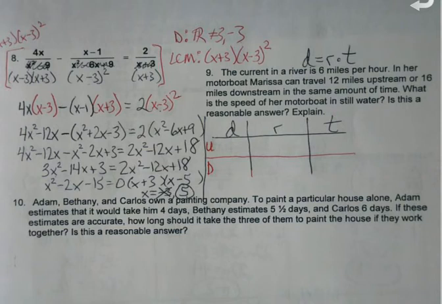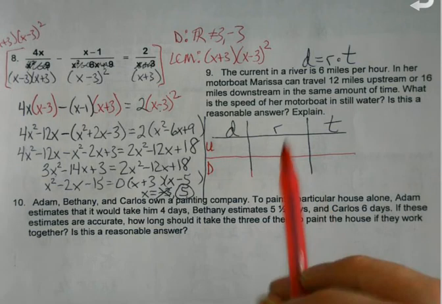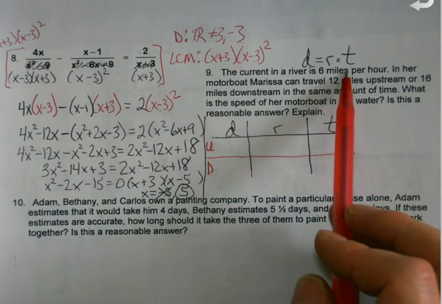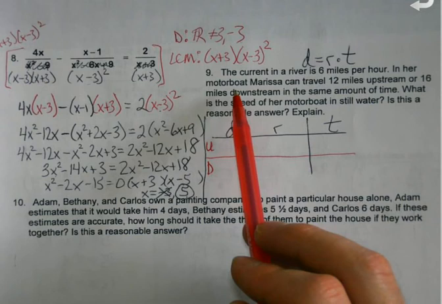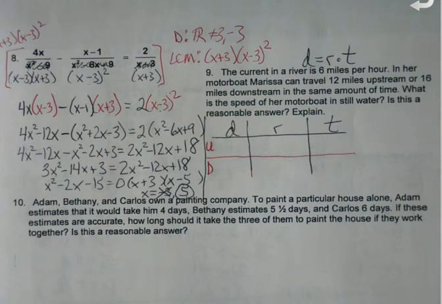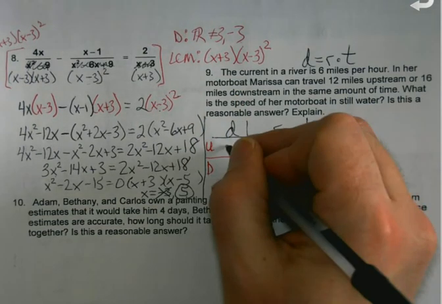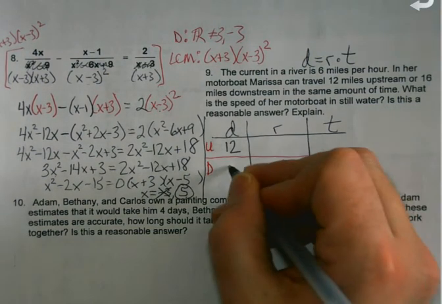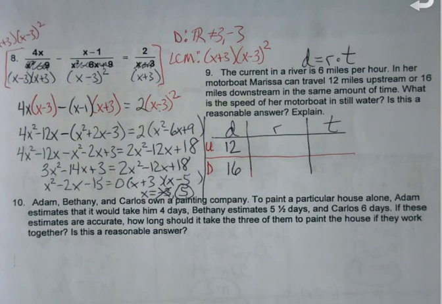So now I start digging through and I'm saying, okay, where can I plug the information in? The current in a river is 6 miles per hour. We're going to come back and use that in a minute. In her motorboat, Marissa can travel 12 miles upstream, sounds like a distance to me, or 16 miles downstream in the same amount of time.